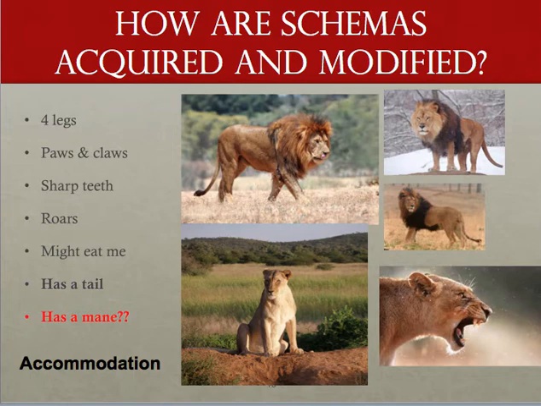Yes, lots of lions have manes, but lots of them, probably more than half actually, do not. We can't simply assimilate this information into the existing feature structure or existing schema. We have to actually change the structure of the category in order to accommodate this pattern of occurrence of manes in lions.